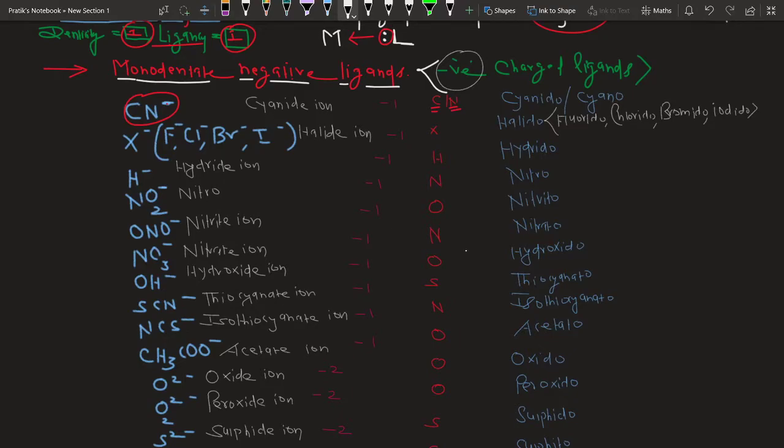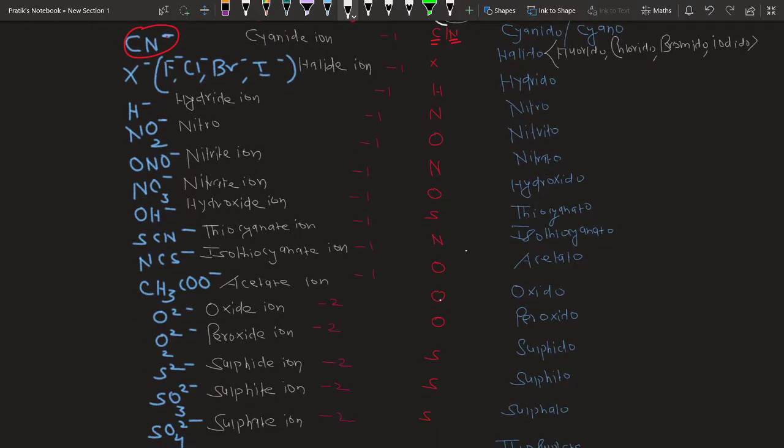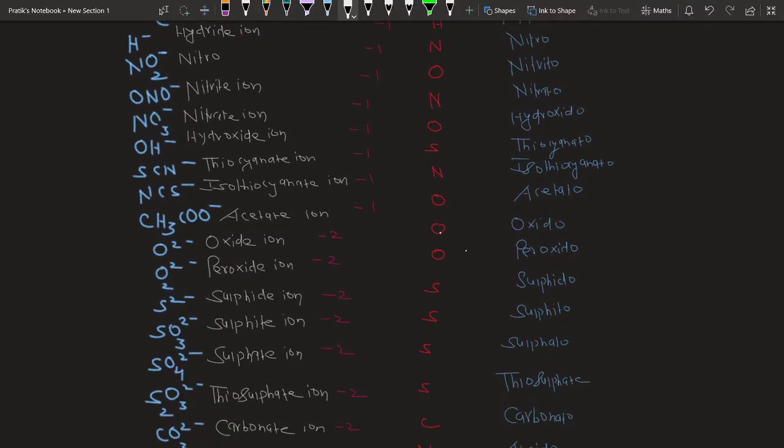Oxide ion, charge -2, donor atom oxygen. Peroxide ion, total charge is -2 and the donor atom is oxygen. Sulfide ion, the charge is -2 and the donor atom is sulfur. Similarly, SO3 2 minus is called sulfite ion, charge -2, donor atom sulfur.